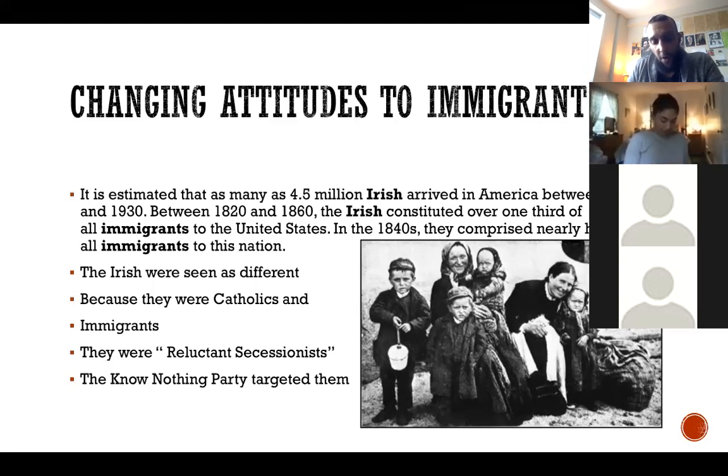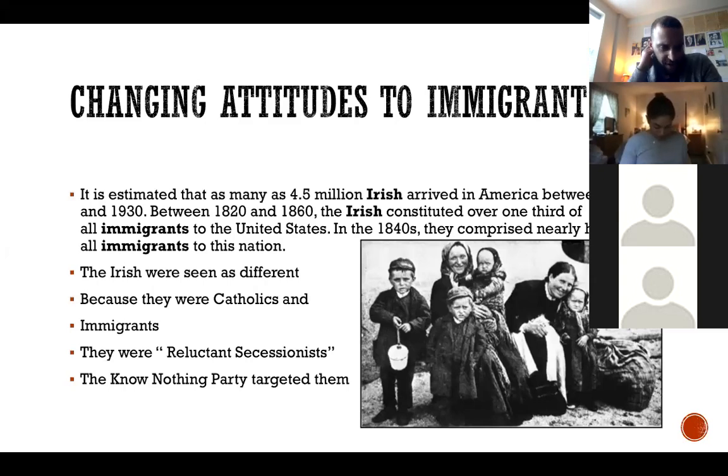Along with the Black population, which would probably make up, remember there were 4 million freed slaves after the Civil War, there was also this large group of Catholics. So we'll be going back and forth focusing on the Irish Catholics and primarily Black Americans and the types of discrimination and attitudes toward immigrants that they faced. So Irish were seen as different.